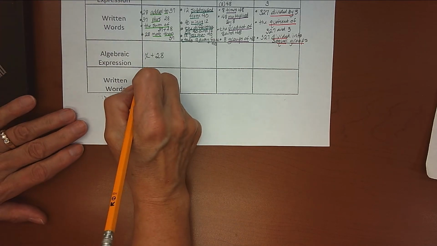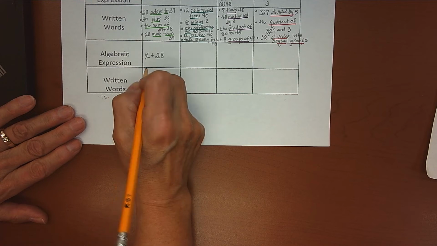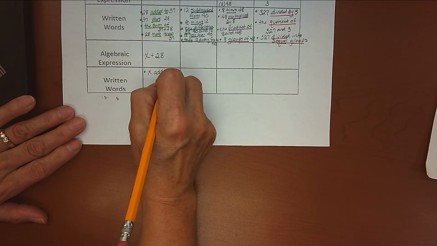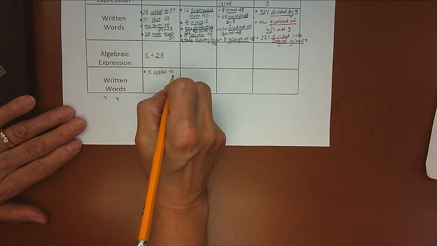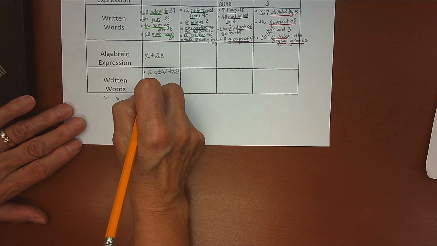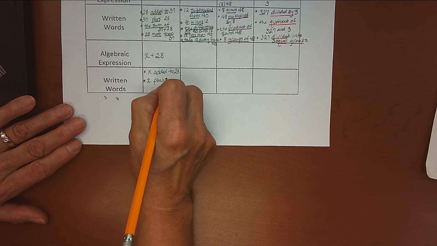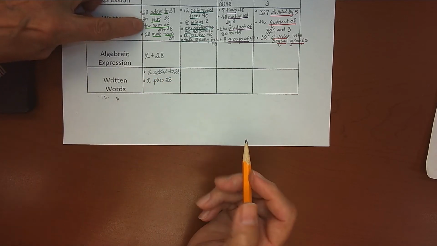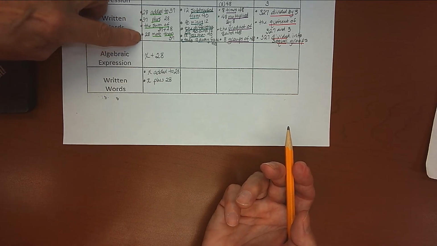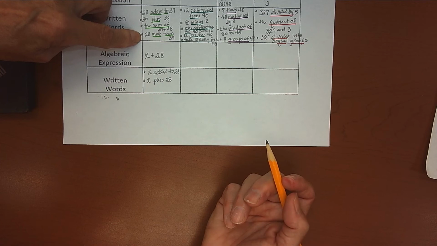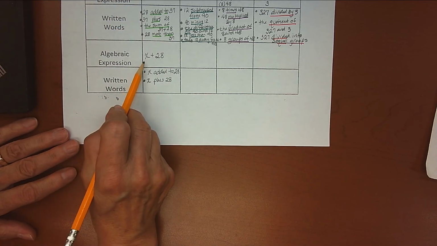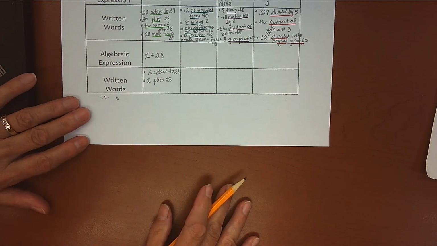I'll just do a couple for you. So this could be x added to 28. It could be x plus 28. And again, we could do the sum of x and 28, or 28 more than x.